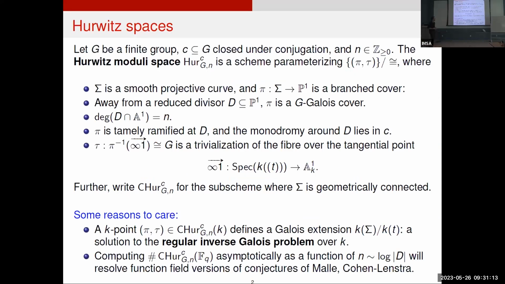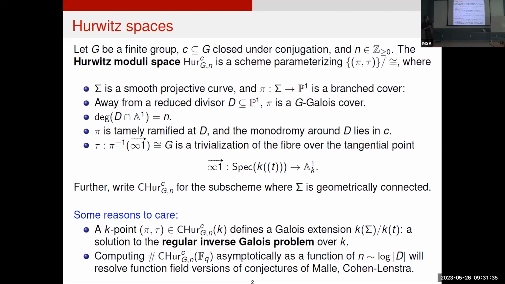All right, so let me begin with talking about the objects that I want to study. This is a rather forbidding definition unless you're an algebraic geometer. Don't worry, I'm going to talk about the complex points in just a moment. So our background setup: G is going to be a finite group.